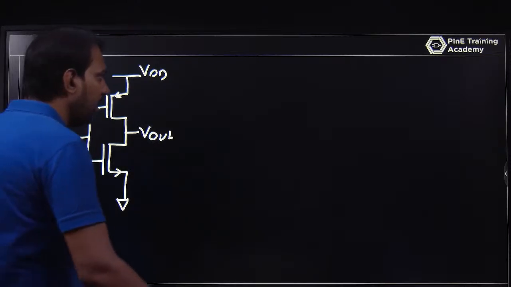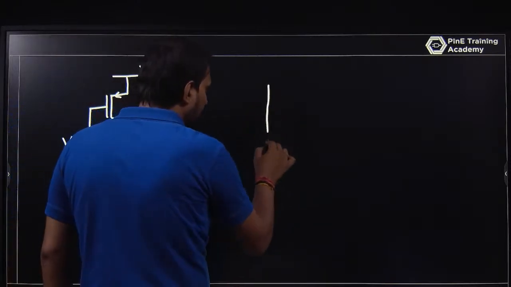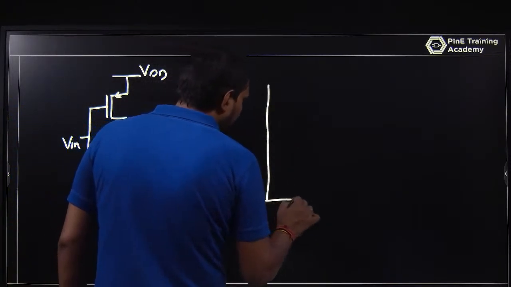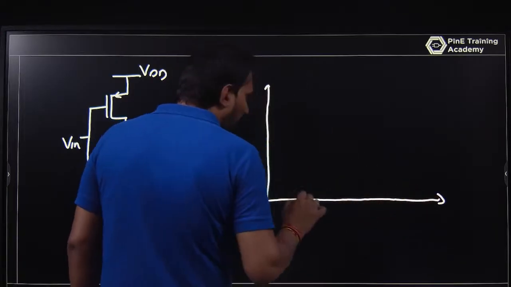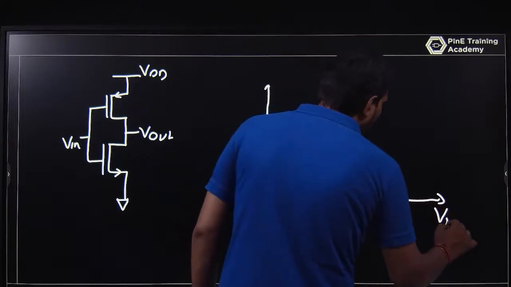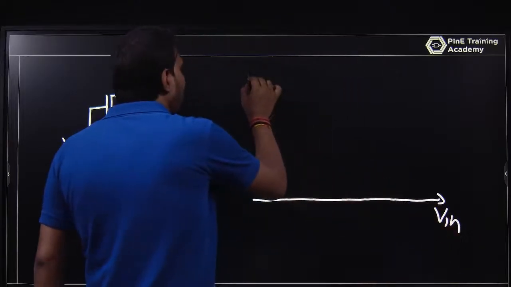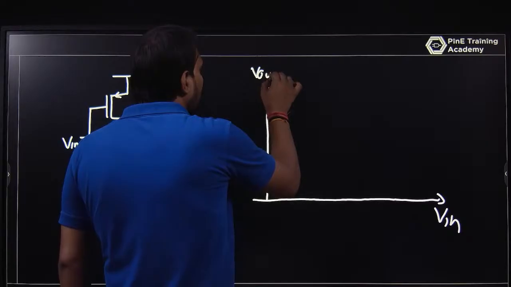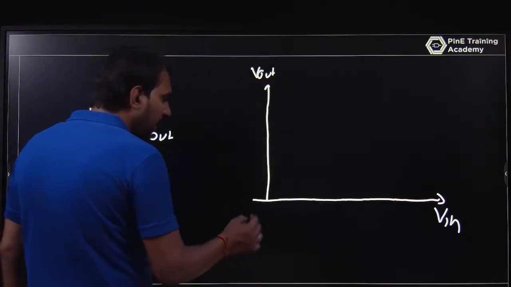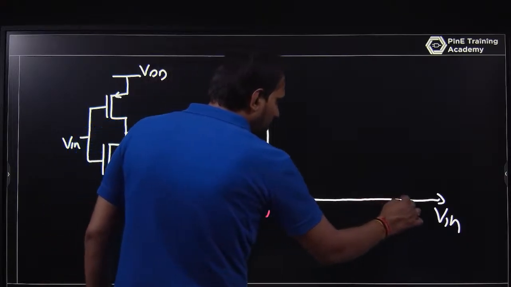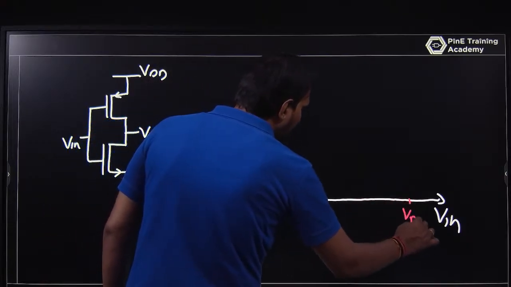So when that input is increasing, what will happen? Ideally, if you have an ideal inverter, Vin is growing from 0 to VDD.